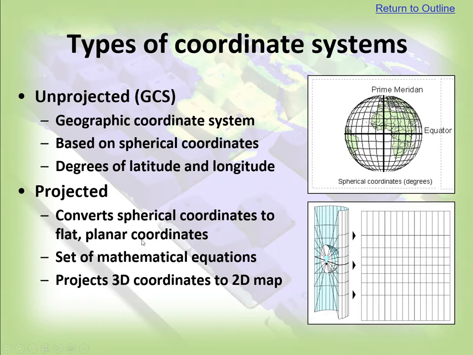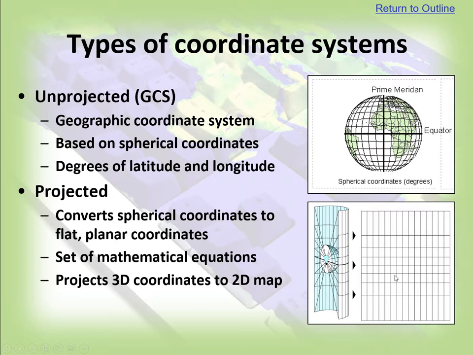So it converts it into flat planar coordinates, which means I can now use meters. It is really hard to do any kind of distance, scale, or angular calculation with latitude and longitude. You really need to switch to a planar coordinate system to do that math. That's why we do that, and it makes it so much easier.